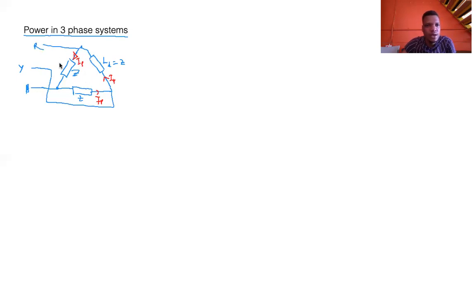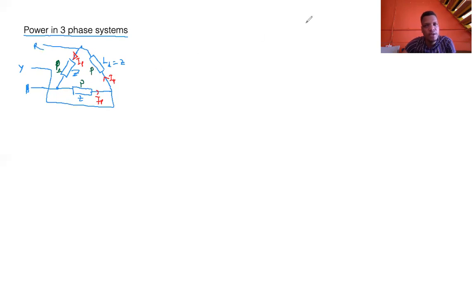Now talking about power lost, that is real power or active power, represented by P. Let me just say P1 here. You will see that since the loads are balanced, that's the same power that will be lost here, which is also the same power that is lost here.